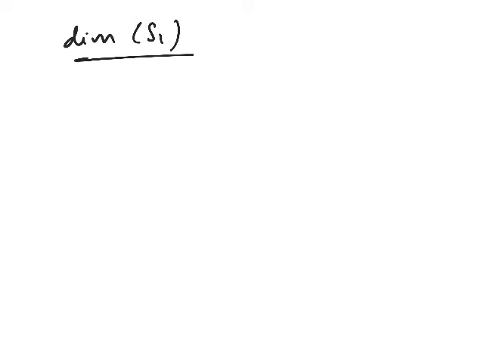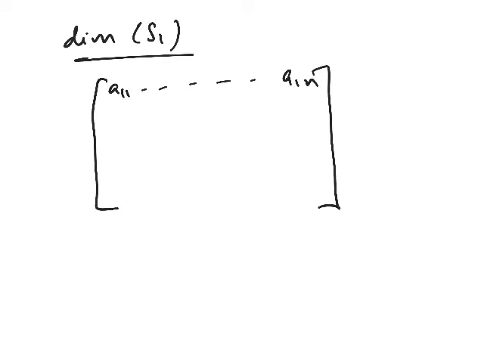How many free variables are there for a general n cross n matrix? N squared. For a general n cross n matrix, there are n squared free variables. But the moment you say that something is symmetric, the choice of row will decide the columns, right? So in the first row, how many free choices are there for me? All these, A11 up to A1n, can be freely chosen, right?